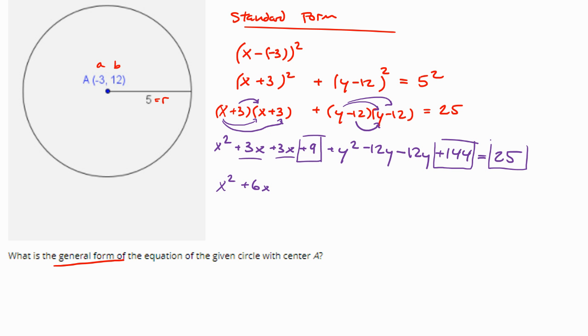So let's box that as well. We'll deal with those at the end. Let's deal with the negative 12y minus 12y. So that's like saying negative 12 combined with negative 12, negative 24y. Done. Now we've got to deal with 9 plus 144. What is that? 153.